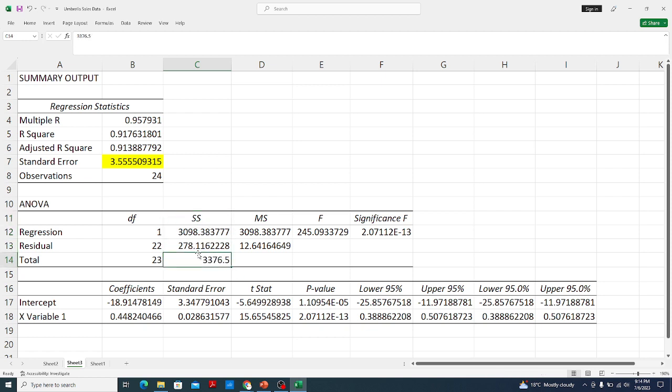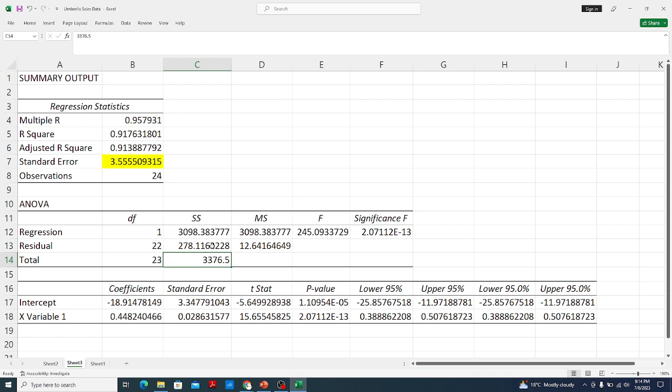The smaller the residual sum of squares is from the total, the better. You can see we have a very big difference between 3376 and 278.